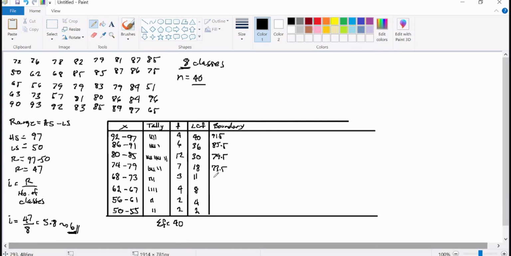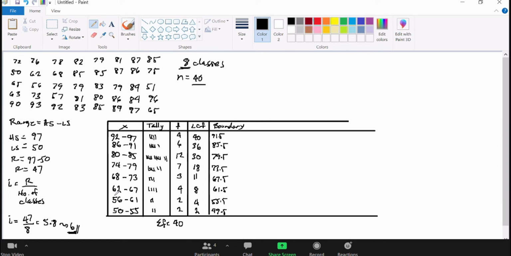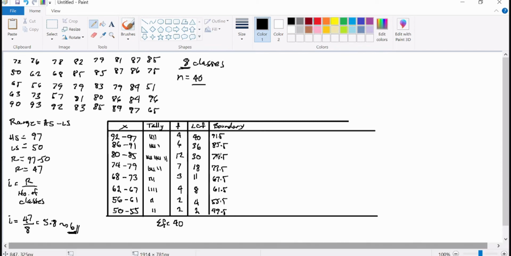Put everything? Yeah, okay. And the upper boundary is you add 0.5 to this.